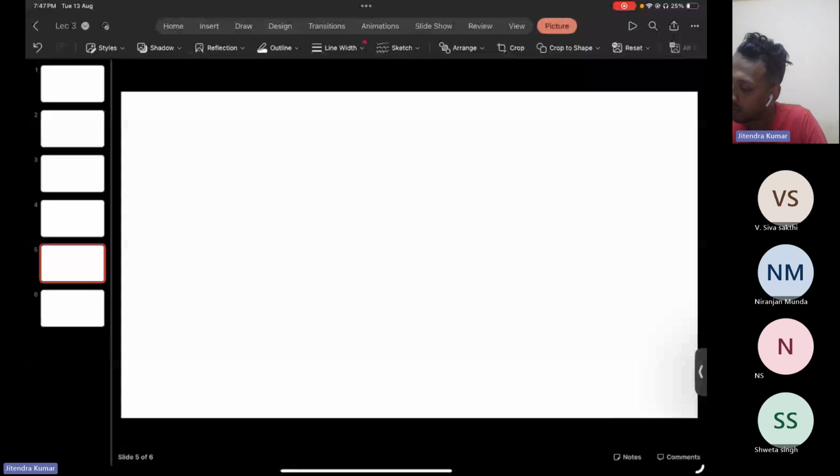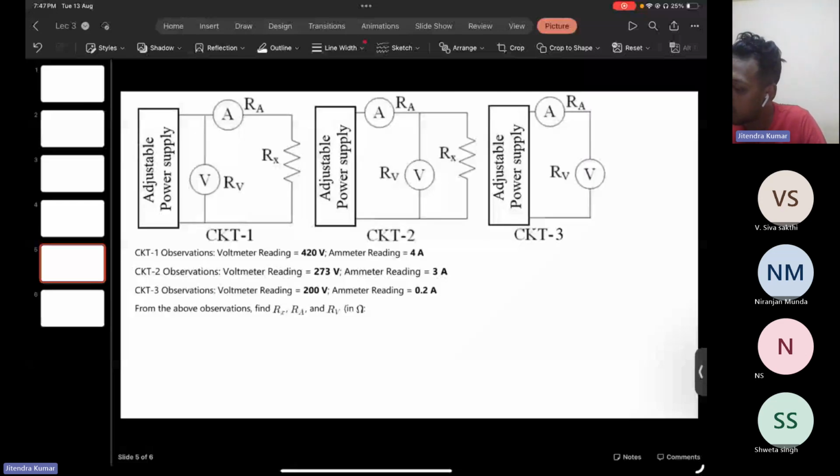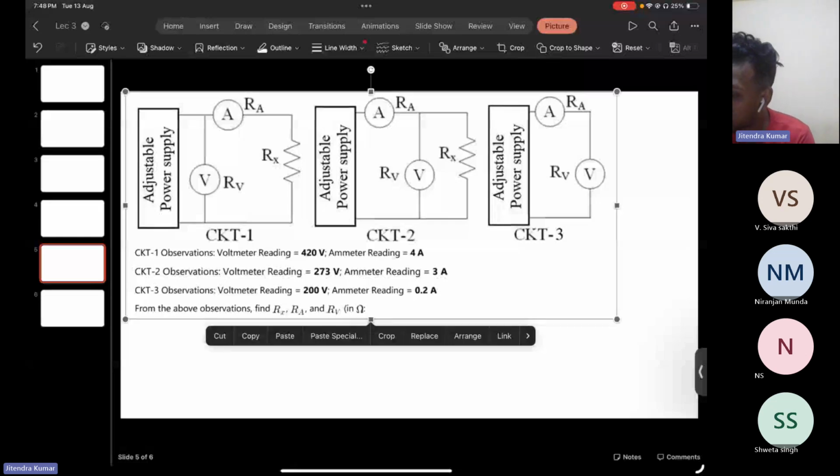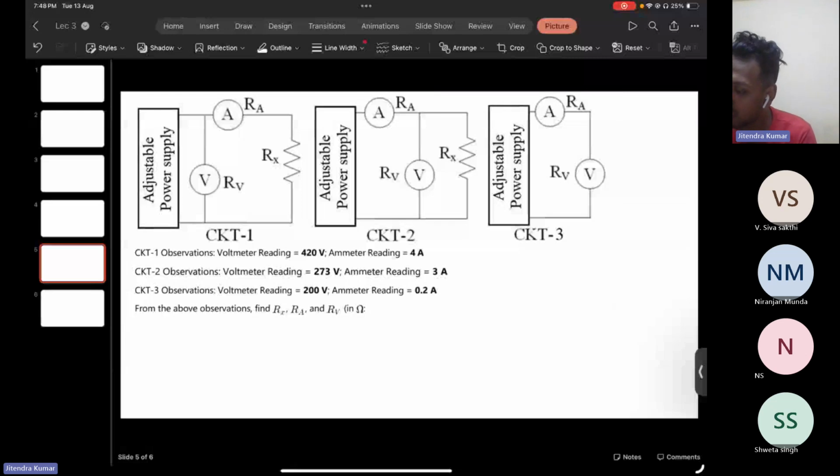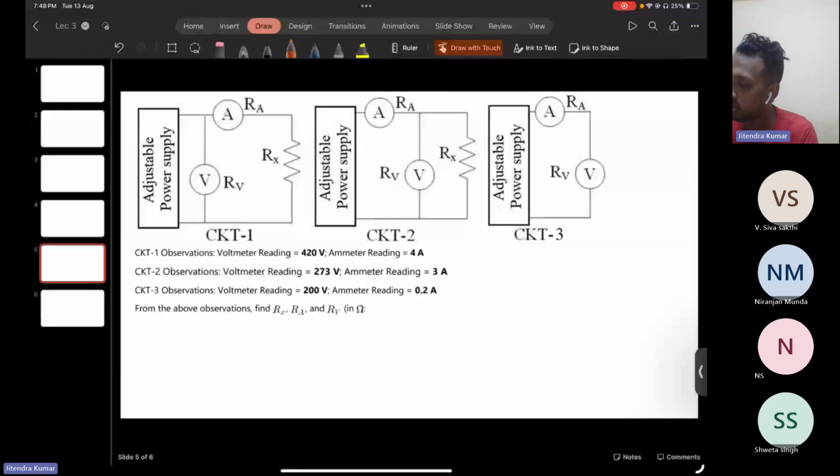the circuit 3, because here we can easily compute, as voltage and current are given, and this RA and RV, let me draw. RA will have one resistance, RV will have one resistance, isn't it?